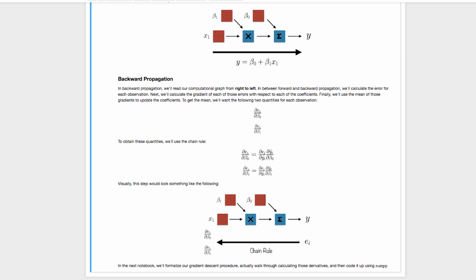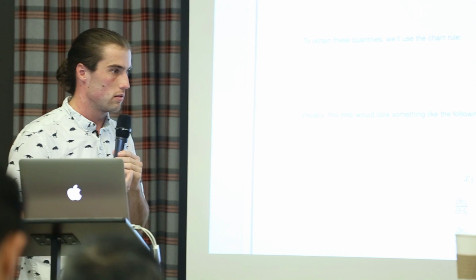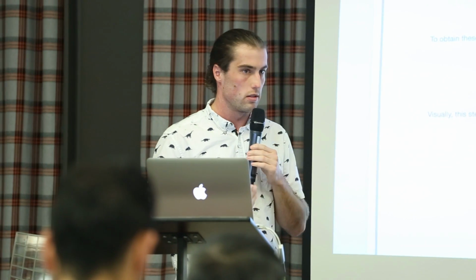So I take the derivative of the error with respect to the predicted values, right? That's the first step. And then I take the derivative of the predicted values with respect to each of my coefficients. Okay? And so you take these individual pieces, and then you multiply them together to get your full update step, which is a little bit different than we would do it in calculus, right? Or kind of the standard way we do it.